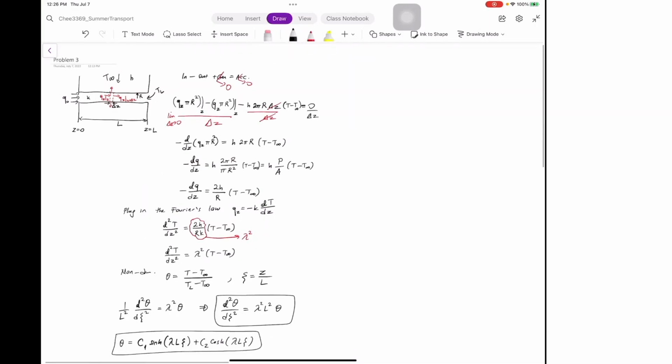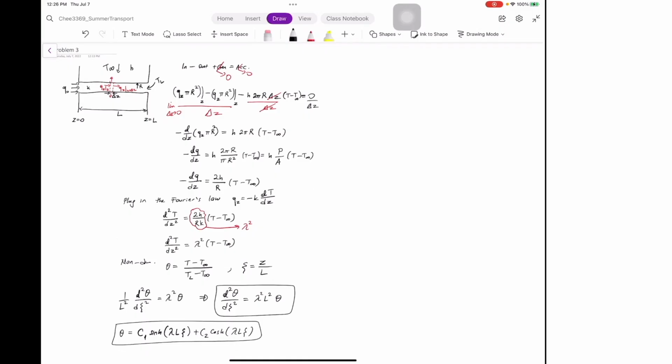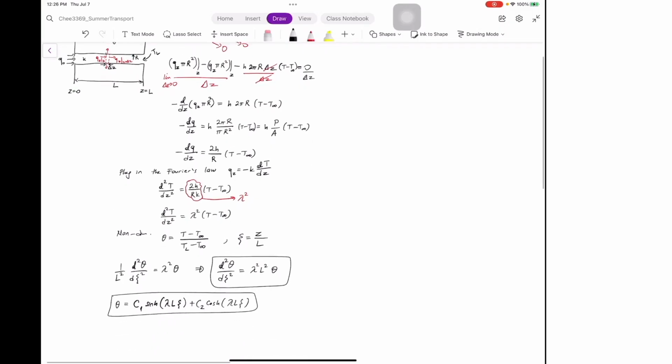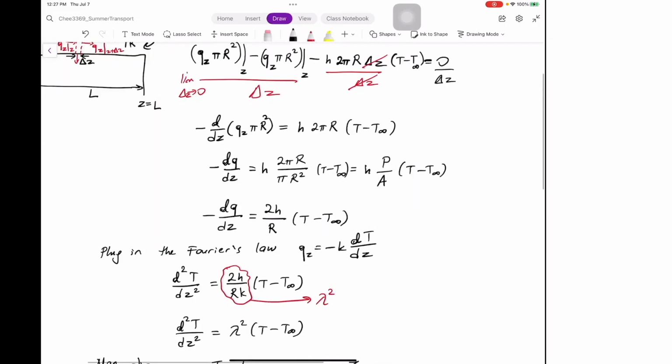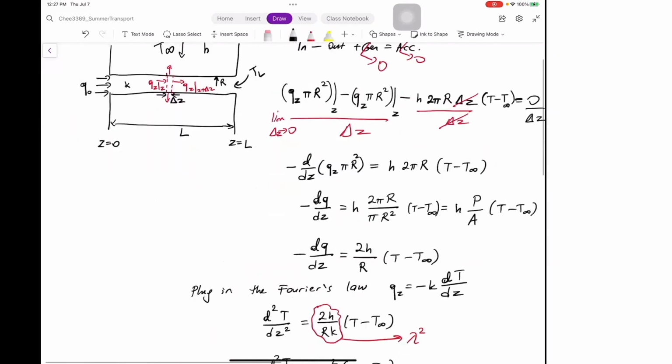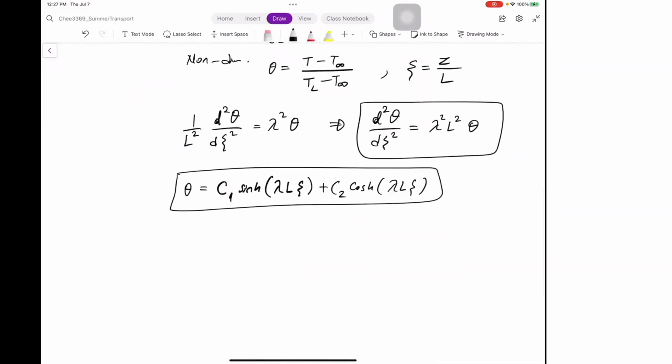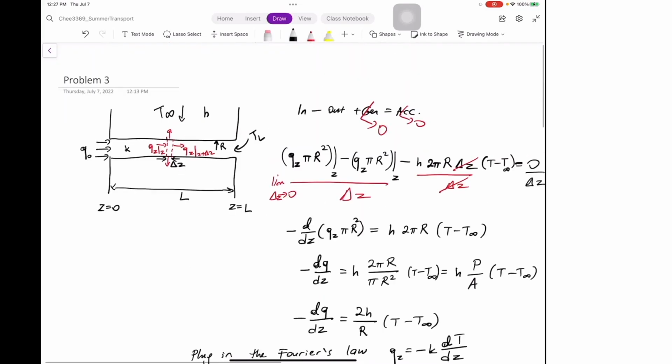I should use my boundary conditions to find C1 and C2. Now, the first boundary condition is at Z equal to 0, the QZ is equal to Q0. It's given.